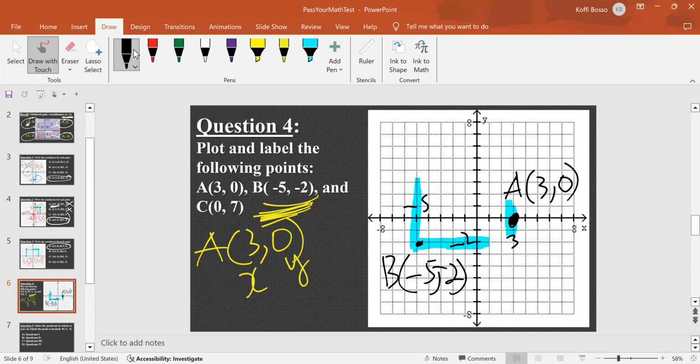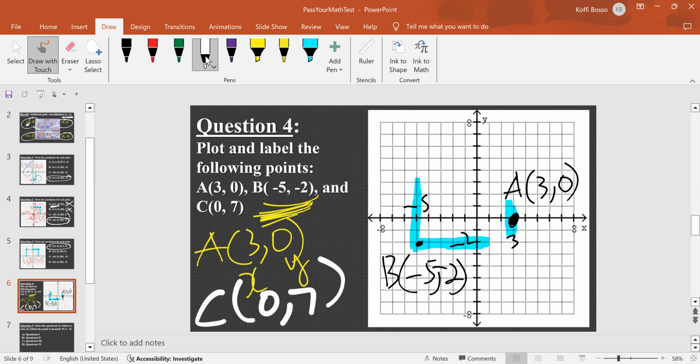Okay, point C, (0, 7). You have to understand that for point C, we have x and y. So x is 0. When the x value is 0, that means what? You are on the y-axis.